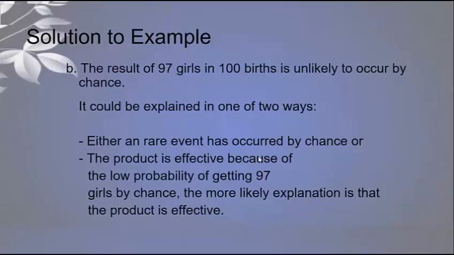It could be explained in one of two ways. First, either a rare event has occurred by chance, or the product is effective. Because of the low probability of getting 97 girls by chance, the more likely explanation is that the product is effective.